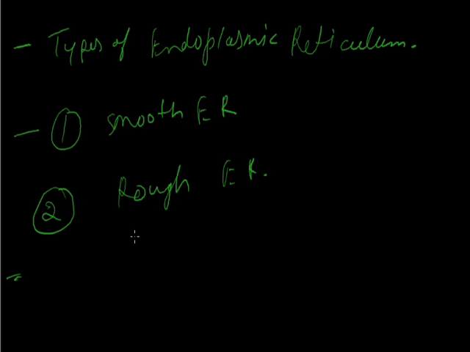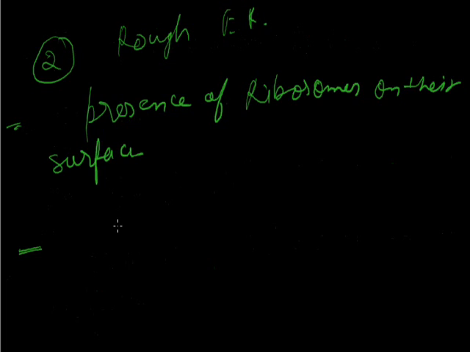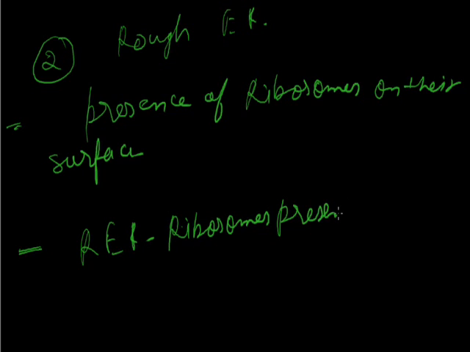The basis is the presence of ribosomes on their surface. If they have ribosomes on their surface, the term will be RER. If they don't have ribosomes, the term will be smooth ER.